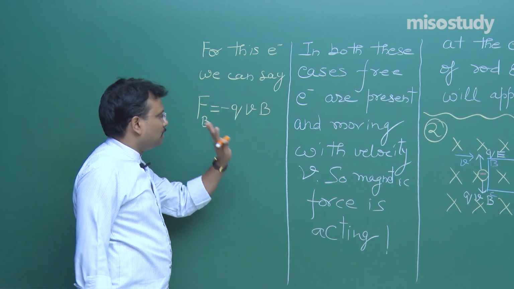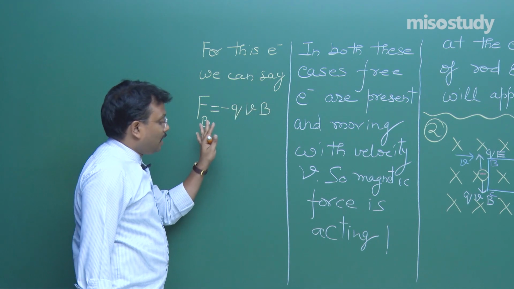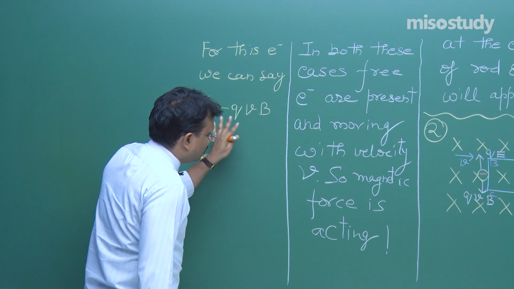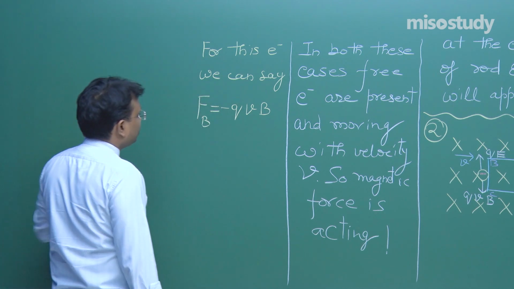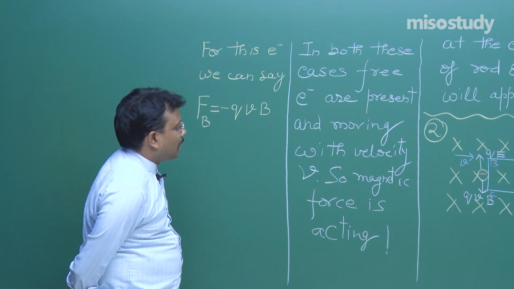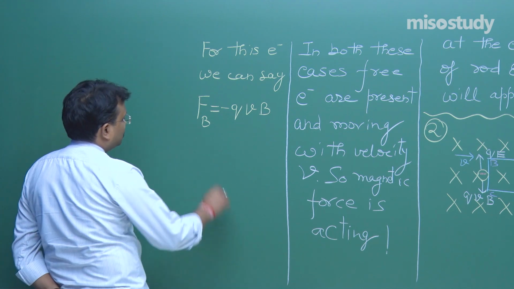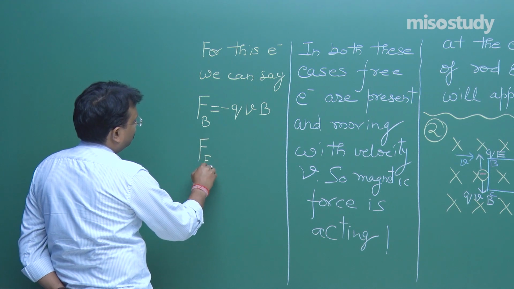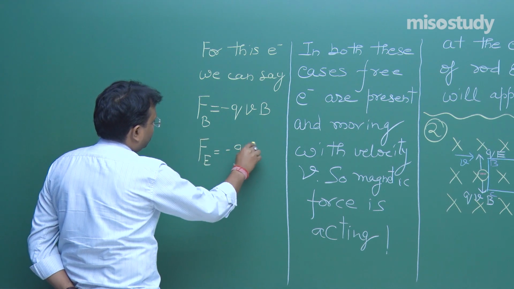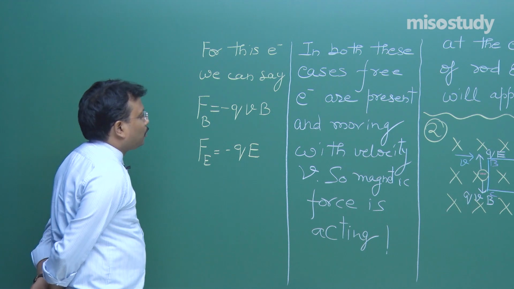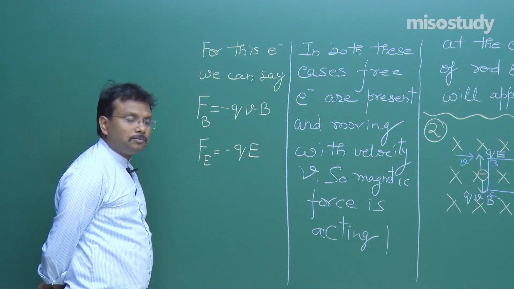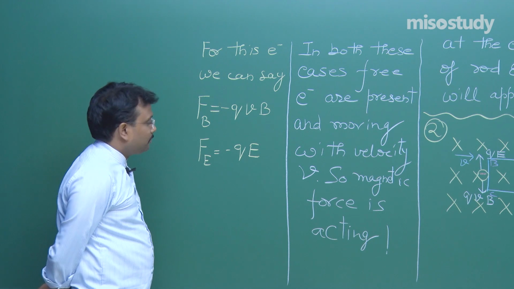Sin theta I am leaving out. So, F is equal to minus QVB is acting, fine. But now in this diagram I mentioned that QVB magnetic force is in one direction and F_E is equal to minus QE. The same approach is true for the metallic rod or for this coil.